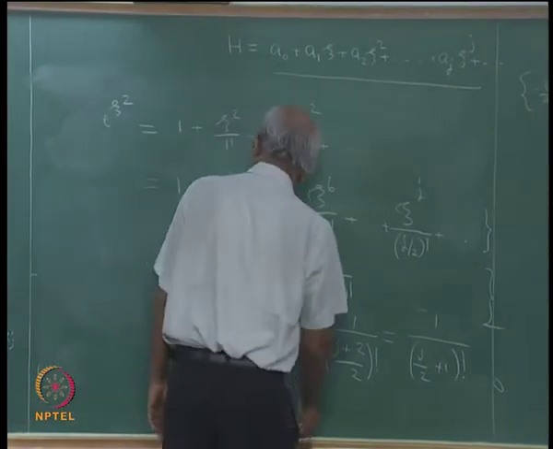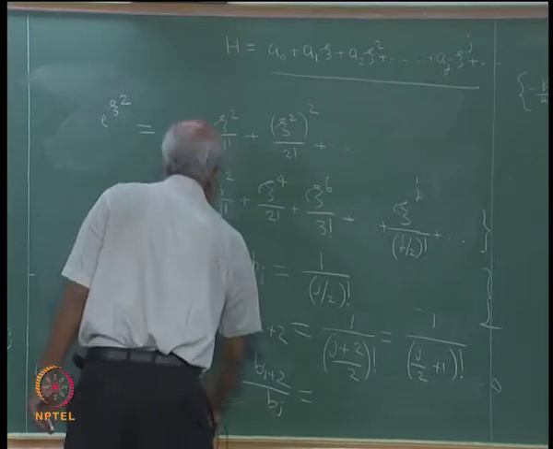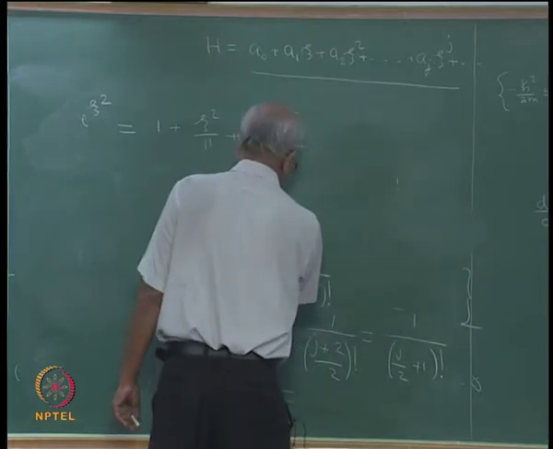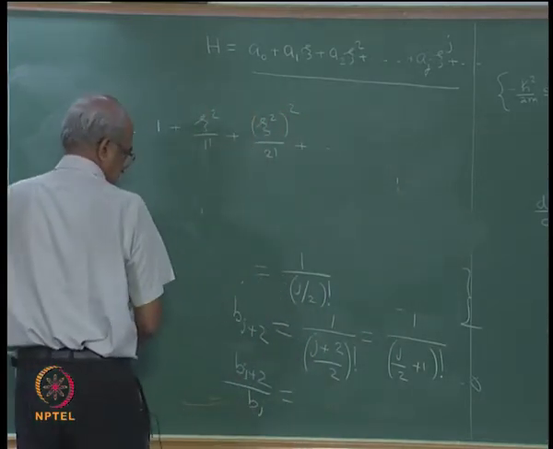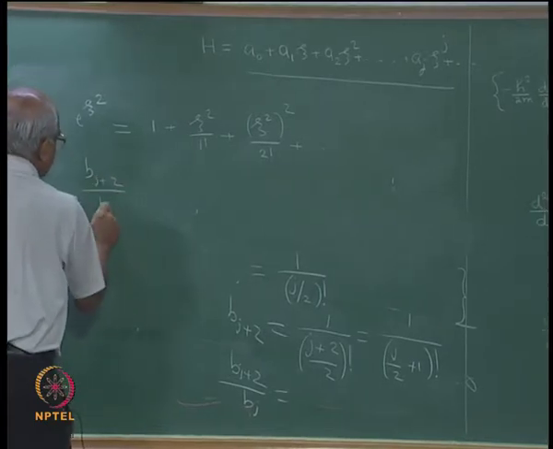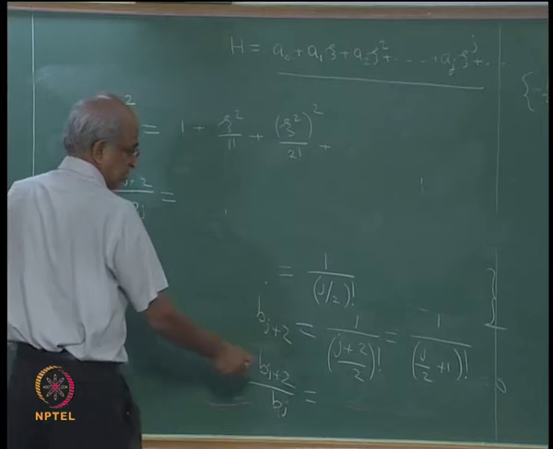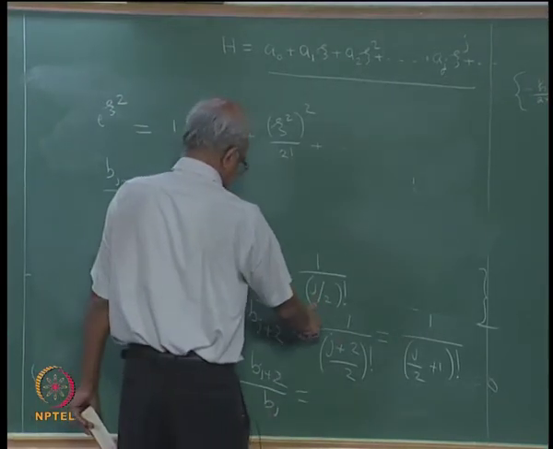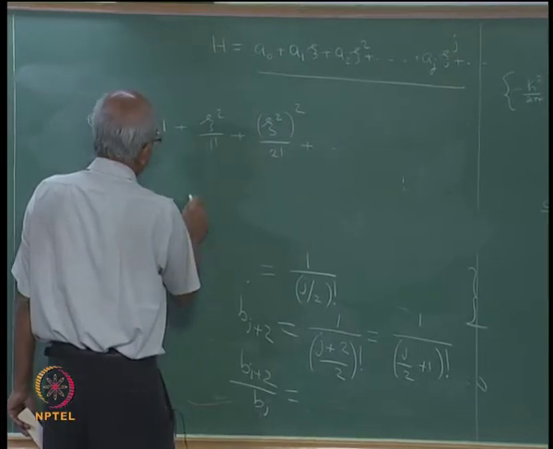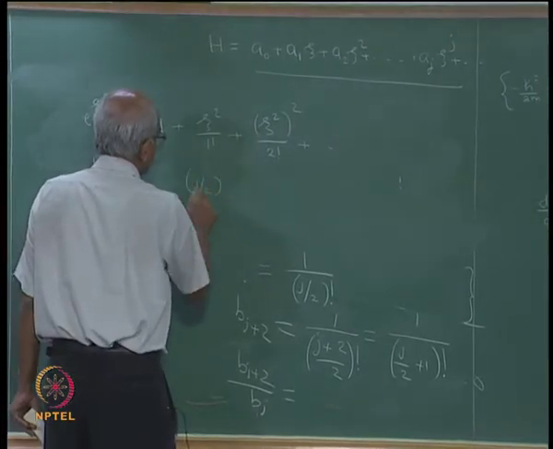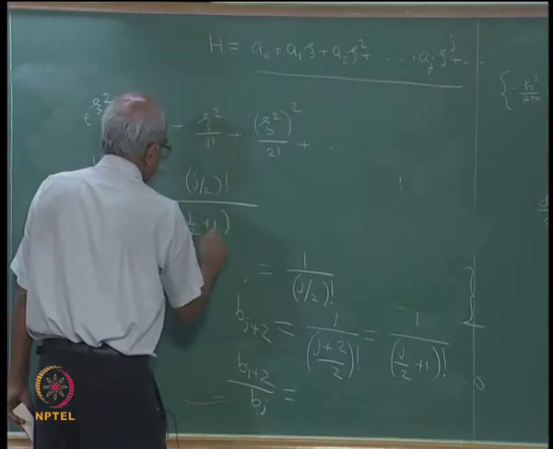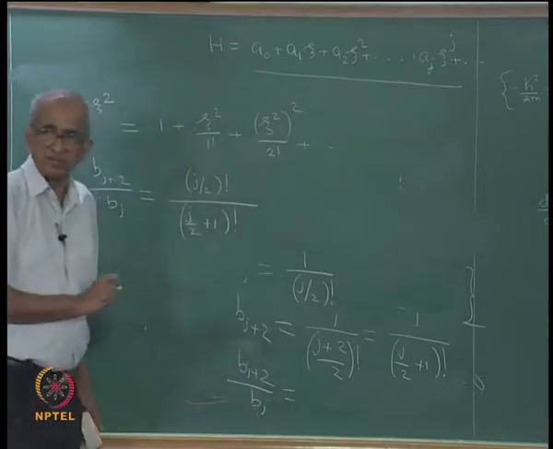Well, the answer is, unfortunately I ran out of space there, difficult for me to write. Bj plus 2 divided by Bj will be equal to j by 2 factorial in the numerator divided by j by 2 plus 1 factorial in the numerator.